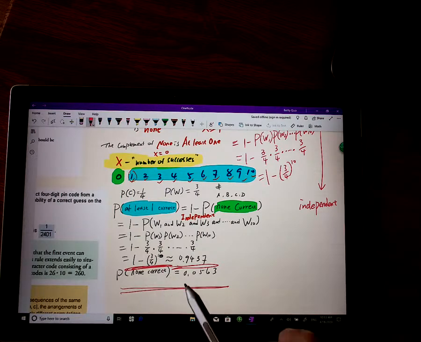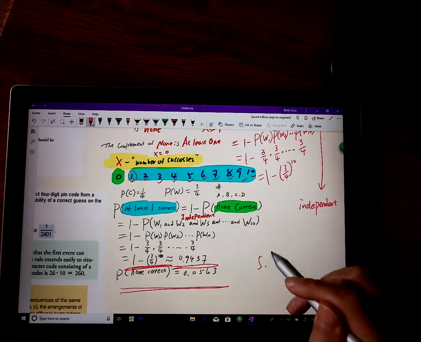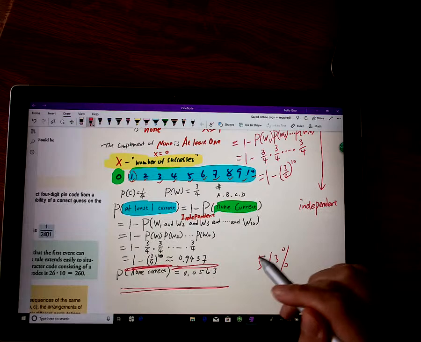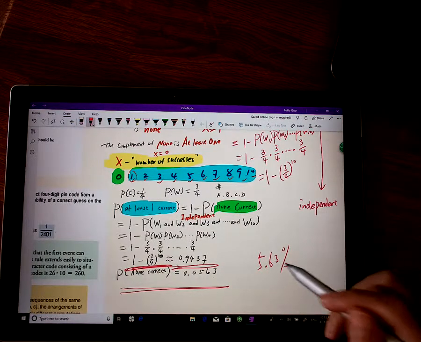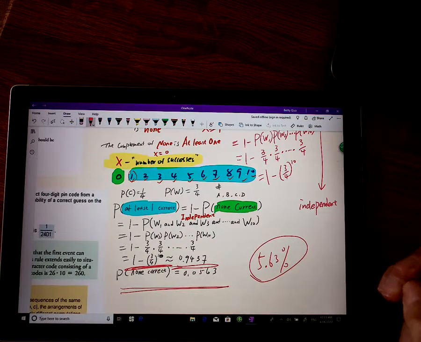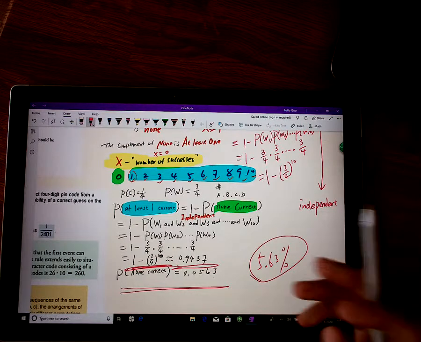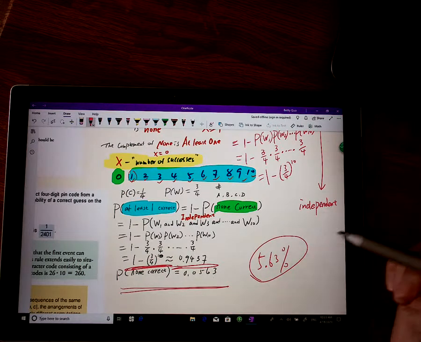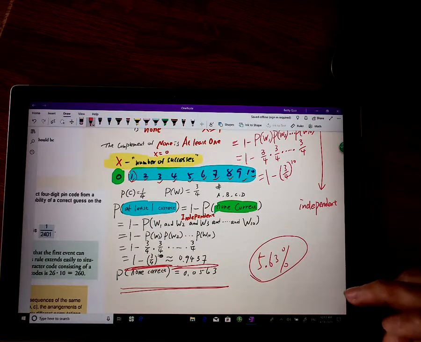That probability is only 0.0563, about 5.63%. That is not very high. So it means if a person really gets none of them correct, that's really not lucky.